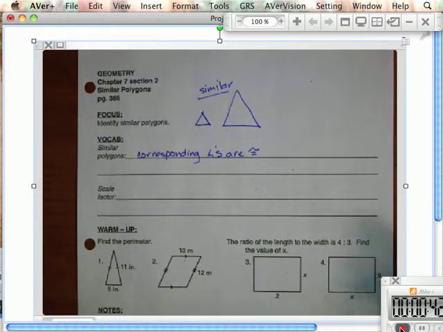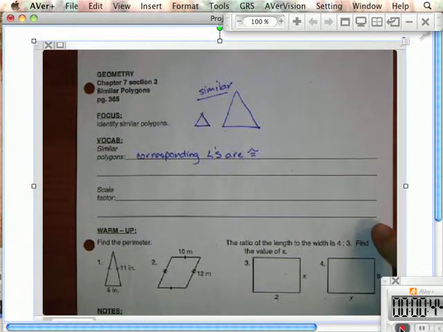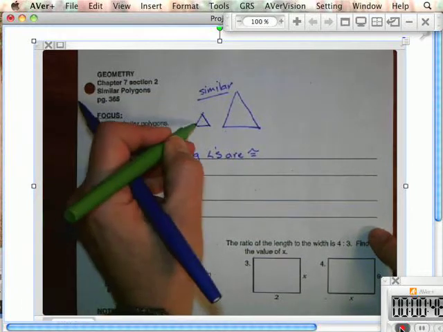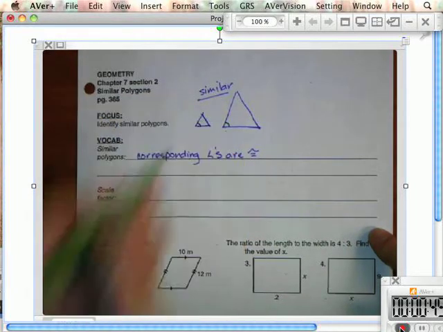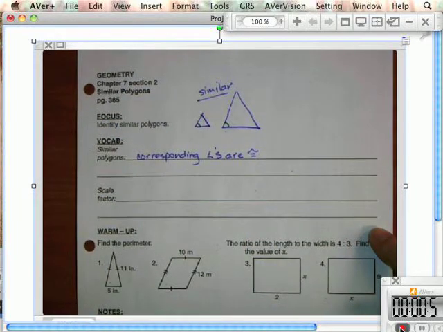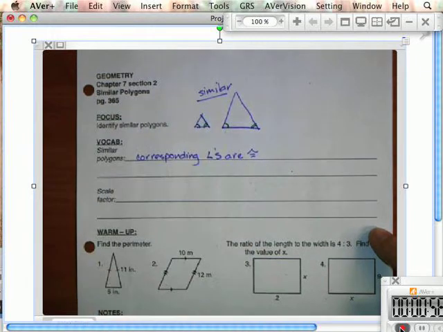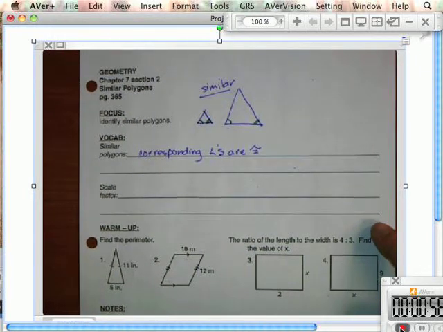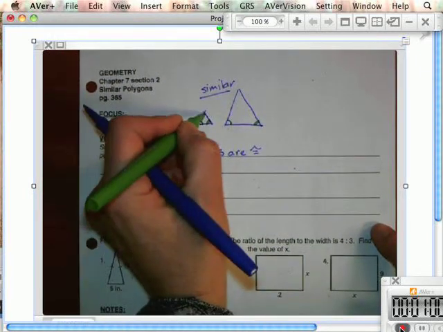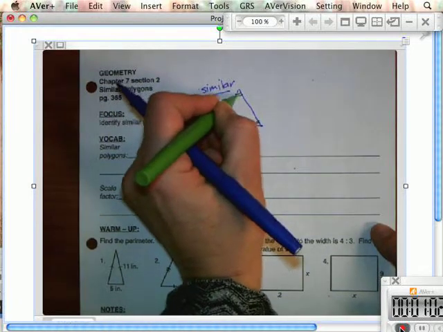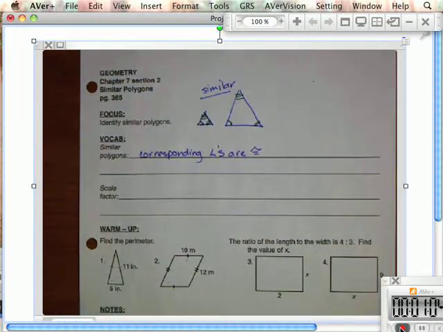So, if I'm told it's similar polygons, then I know that this angle and this angle are congruent because they're in the same spot. Corresponding. Here, these two are also congruent because they're in the same spot. And then I can also say that the top two angles are congruent because I was told they were similar, or I wrote it down. Okay?